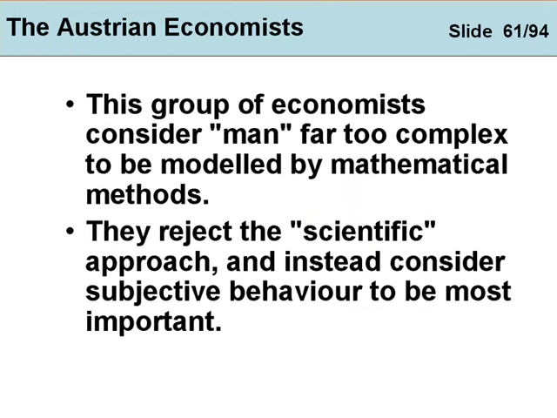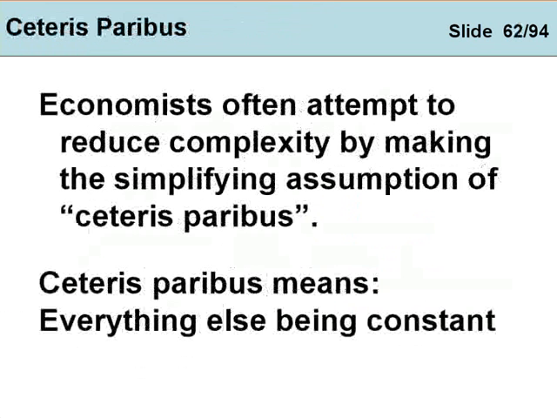As far as neoclassical economics, the economics that we deal with predominantly in our study of the subject, as far as we're concerned, we recognise that there are far too many variables to take into account, and we've all got fairly small brains and we can't cope with the complexity. So what we do instead is we try to simplify it by making an assumption. The assumption is in Latin. It's a Latin term we call ceteris paribus. We try to get rid of all of the complexity and just focus on simple relationships.